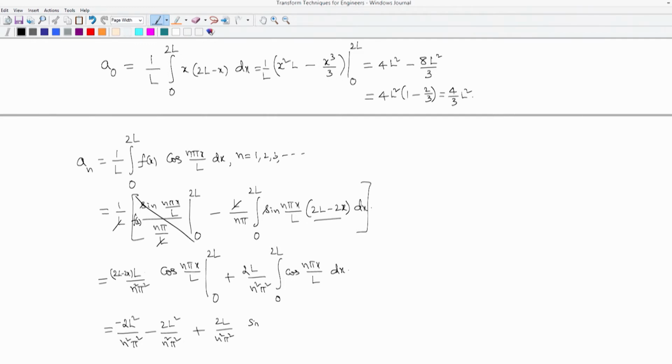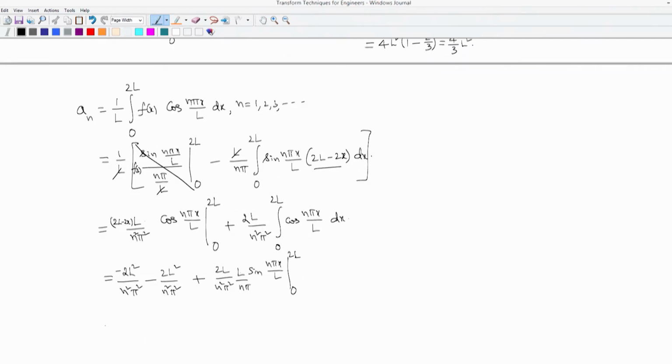We have antiderivative sin n pi x by L divided by n pi by L, that is L by n pi, for which you put the limits 0 to 2 L. So, this is the final result for A n, and this is equal to minus 4 L square by n square pi square plus 4 L square by n square pi square.